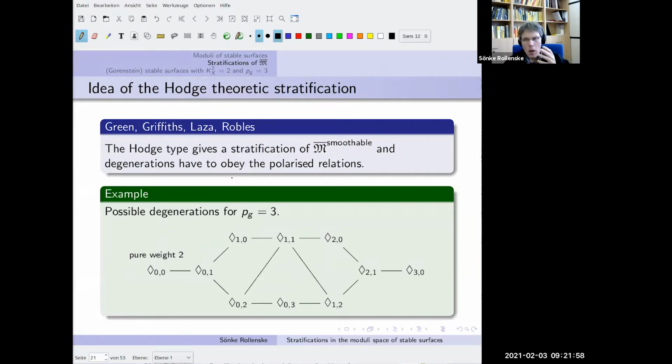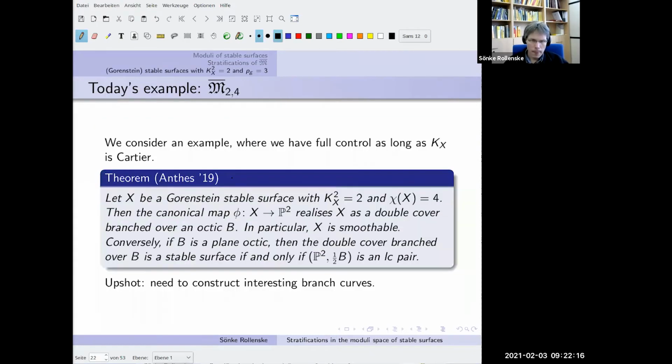And I'm really using this as kind of a black box. I just want to look at it and try to fill it with some life by putting in some surfaces here. So let's go to the example.